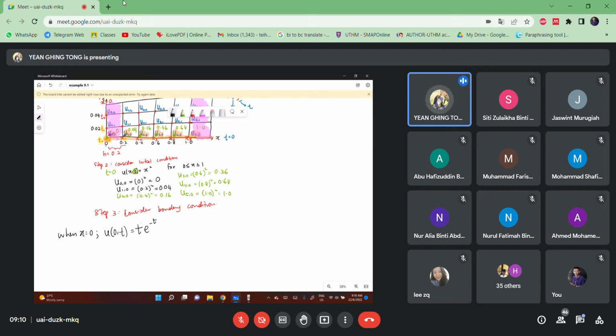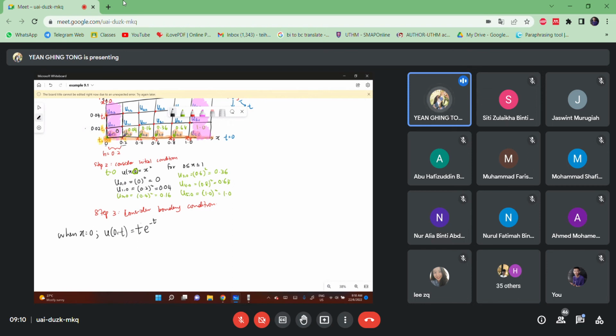When x equal to 0, because here it said that for t larger than 0, that means t equal to 0 we don't need to find already, because we already got the value just now, 0.